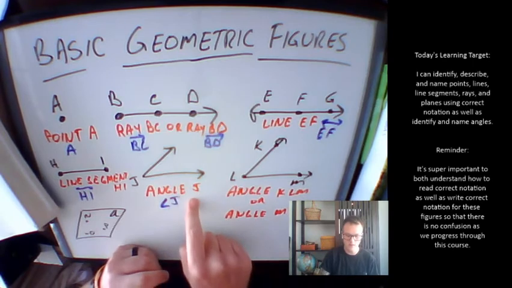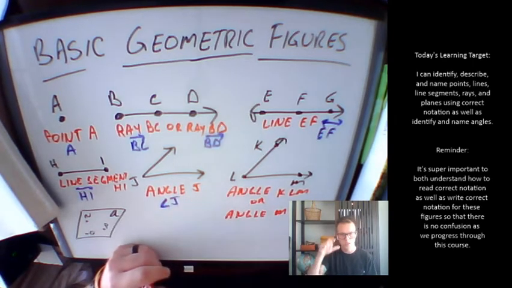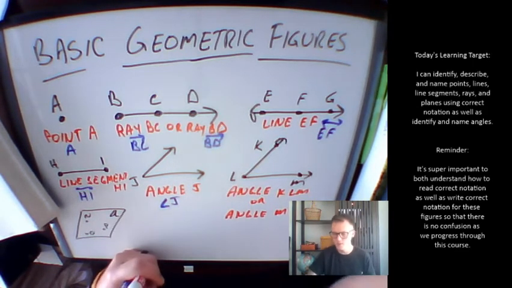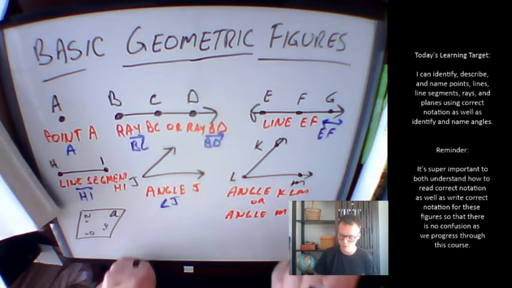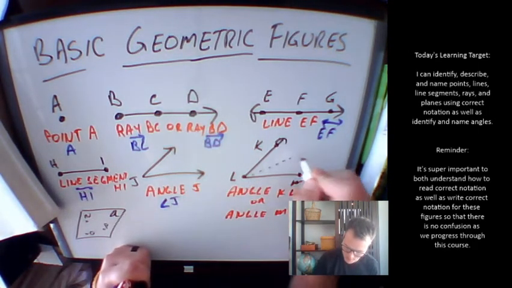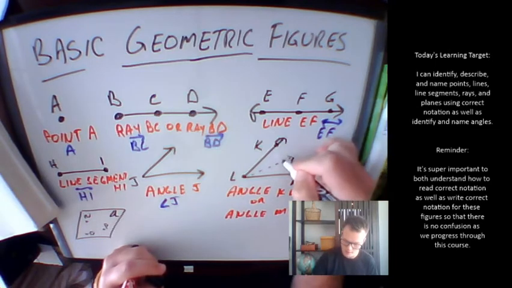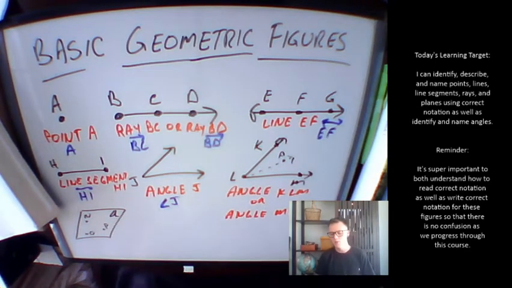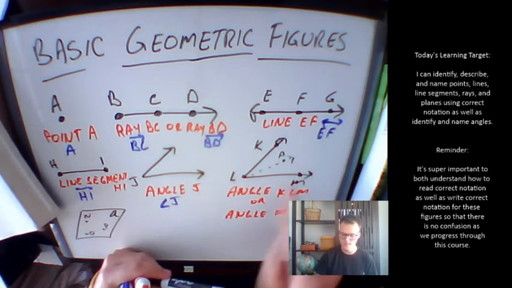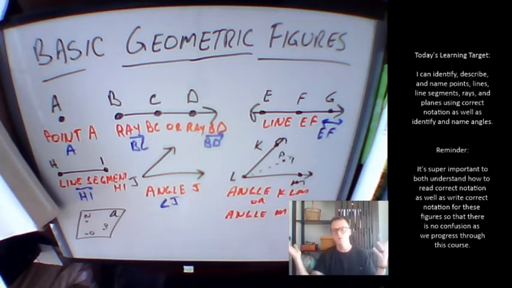But there are times when you can get away with just calling it angle J, like this one. The difference is, say that you have some other segment coming out here, and there's a letter P. Well, in this case, if you just say angle L, that's very confusing because there are so many different options. Is it the whole thing? Is it the top half? Is it the bottom half? What are we talking about?